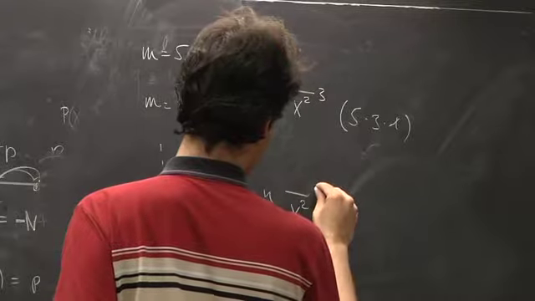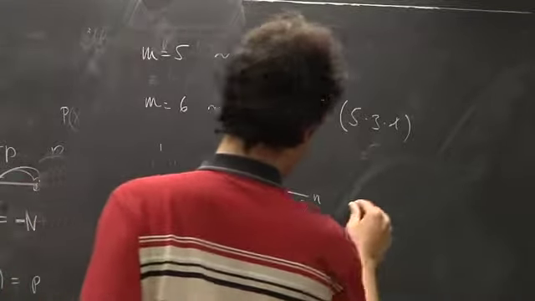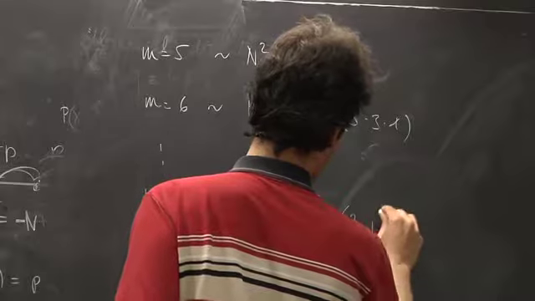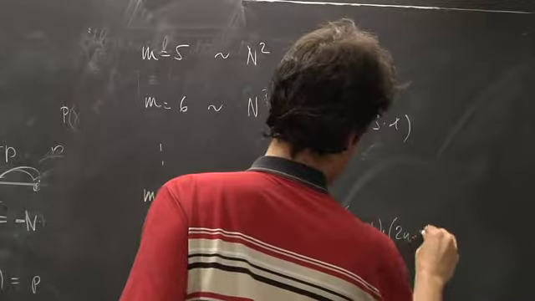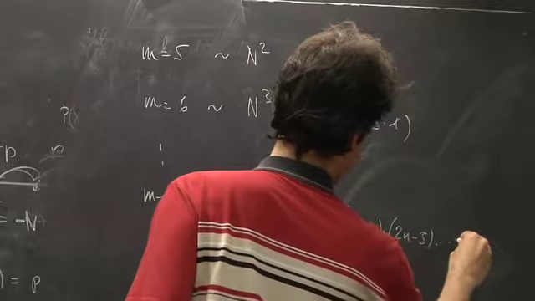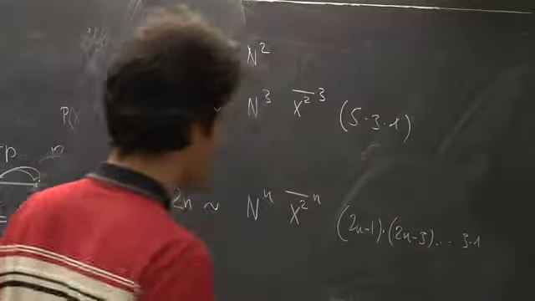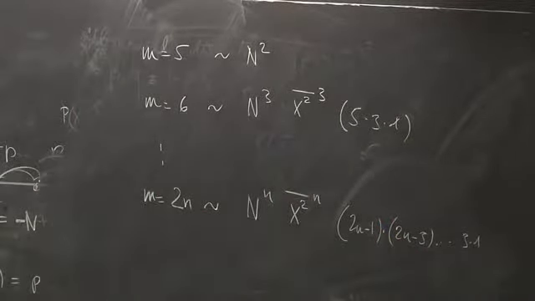squared to the n times 2n minus 1 times 3 times 1. So you can check that just doing this combinatorics one step further, you see that the dominant term always comes from pairing just two variables. Then you ask how many choices do I have to do that.